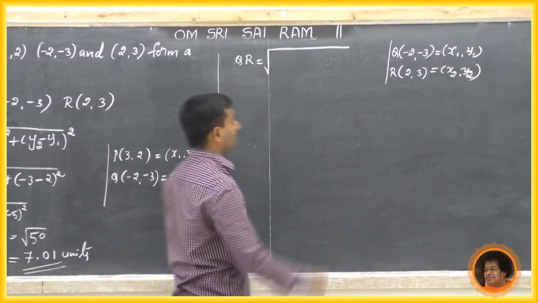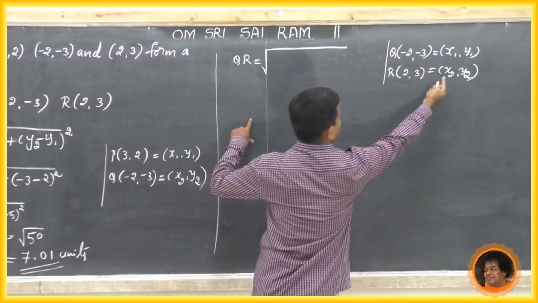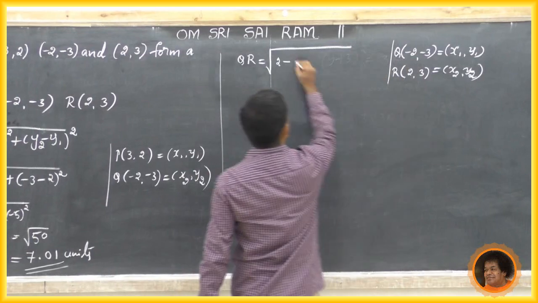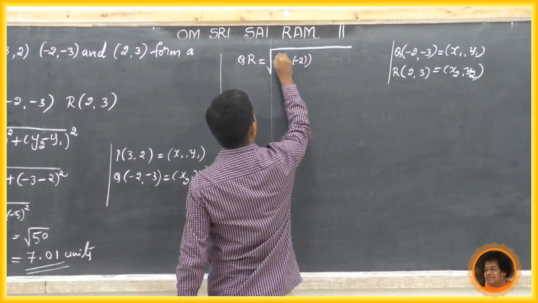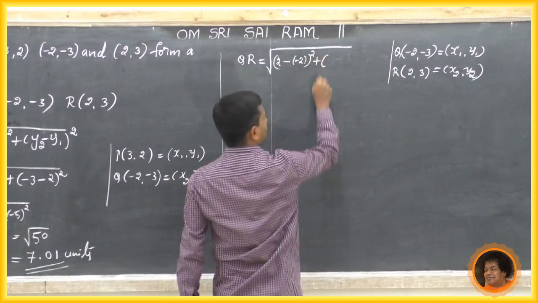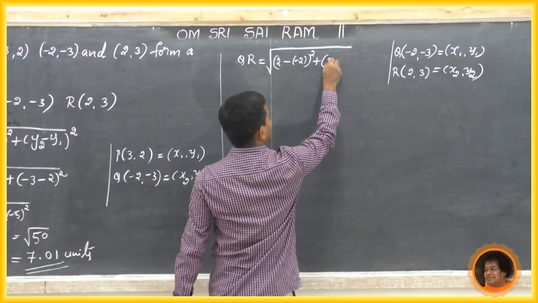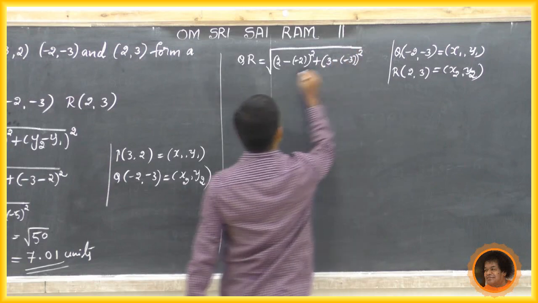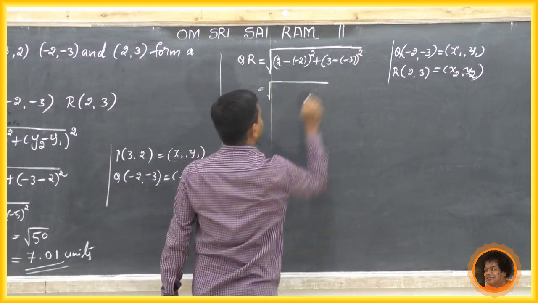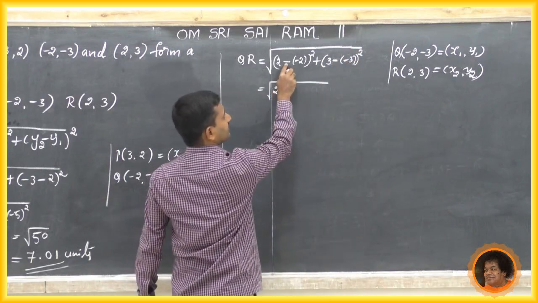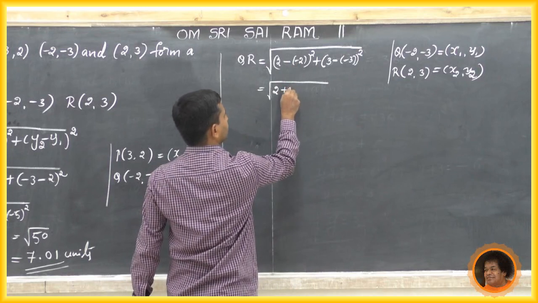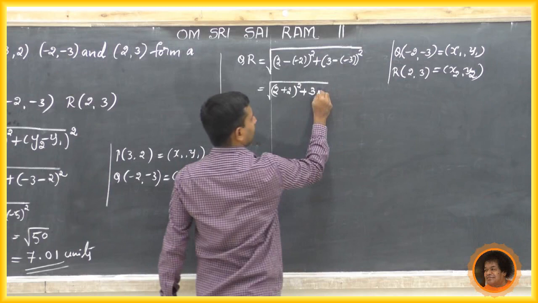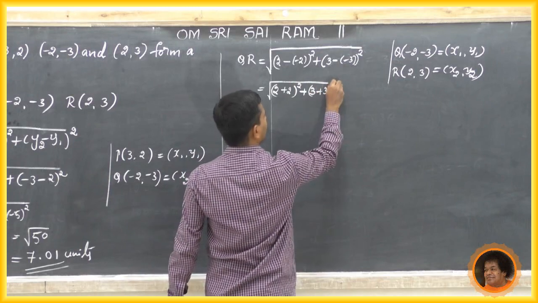Now substitute the values: x2 minus x1 whole square, x2 value 2 minus x1 value minus 2 whole square, plus y2 value 3 minus of minus 3 whole square. Now simplify: square root of 2 minus into minus, that is plus 2 whole square, plus 3 minus into minus, that is also plus 3 whole square.